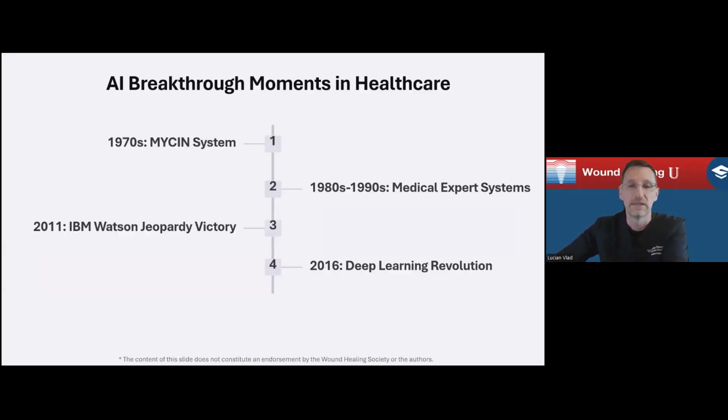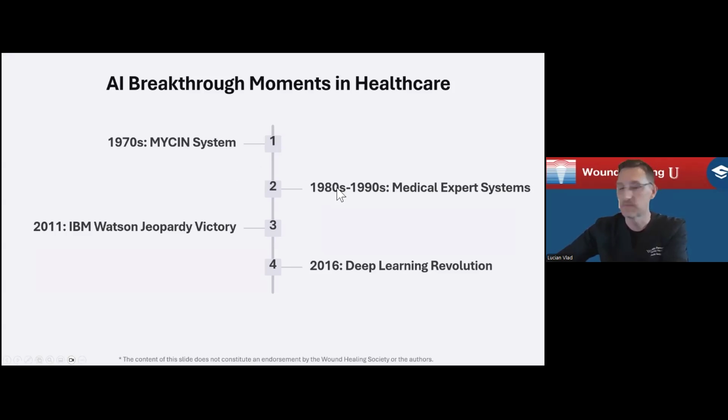Okay. I'd like to go over some of the breakthrough moments in healthcare specifically. Some people may remember the MYCIN system. This was an expert system developed at Stanford. You could put in information, and it could diagnose bacterial infections and recommend antibiotics, and it performed at a level comparable to a medical specialist.